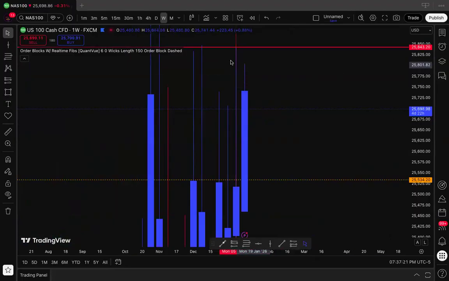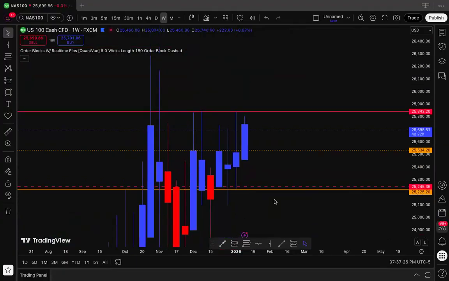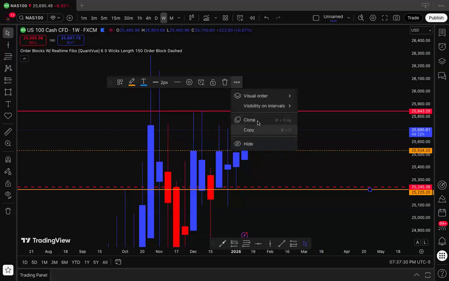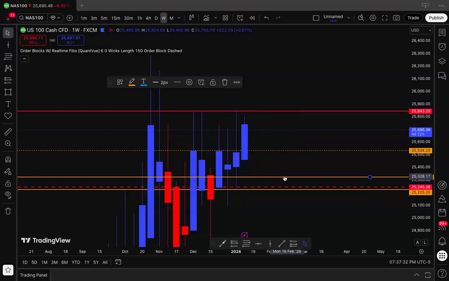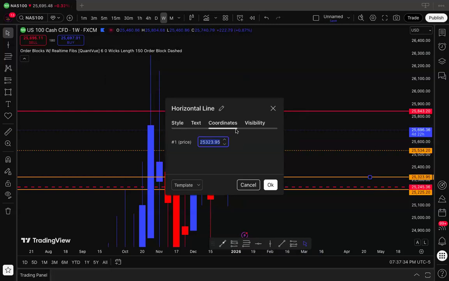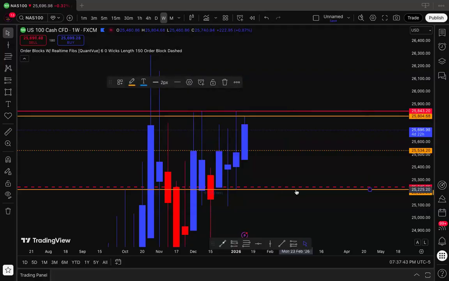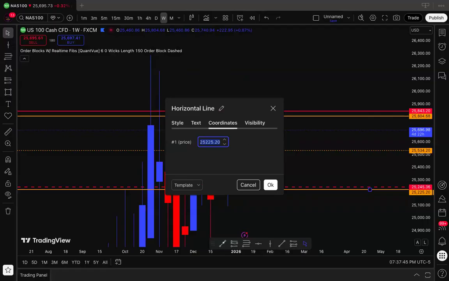Gonna move over to NAS. So we got the weekly high for NAS at 25,804.68. We got the weekly low at 25,460.86.